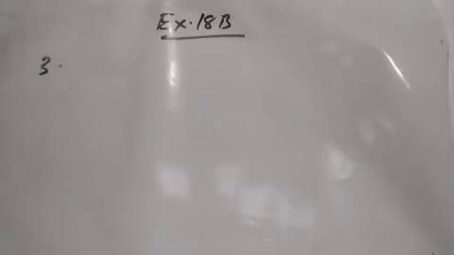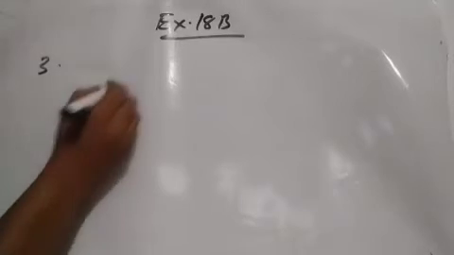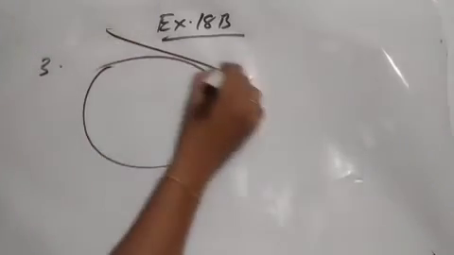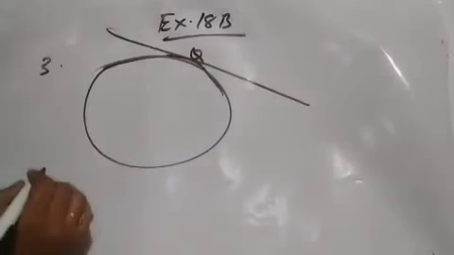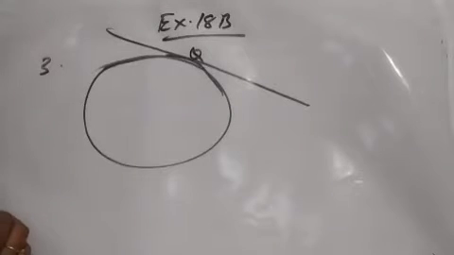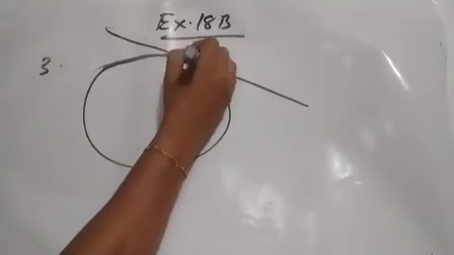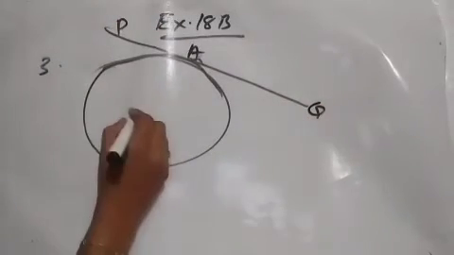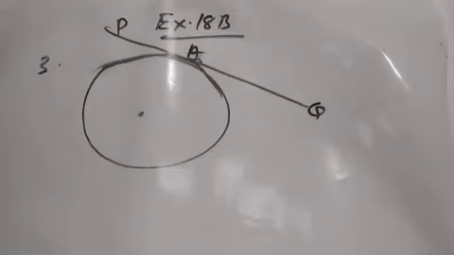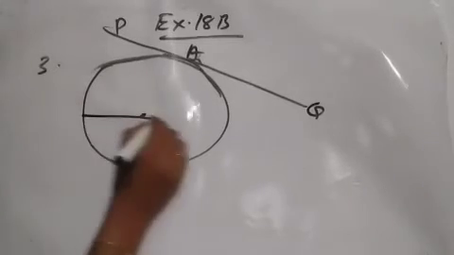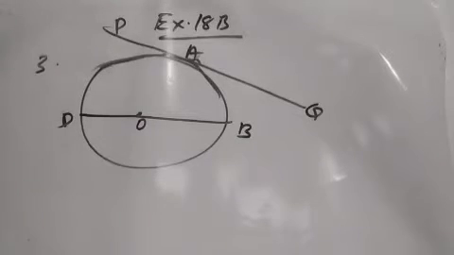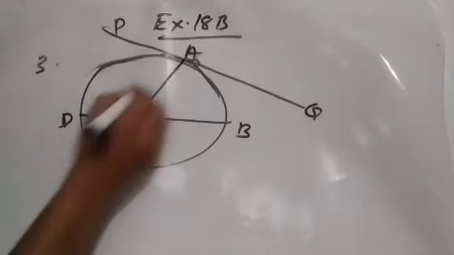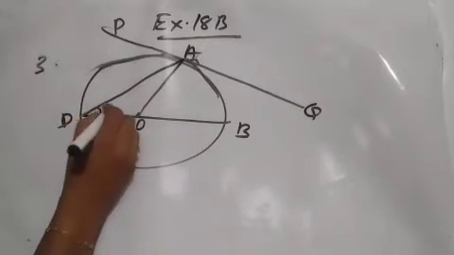Third is, in the following figure, PQ is a tangent to the circle and the point of contact is A. Also, O is the center, DB is the diameter, AO joined here, and angle ADB is given as 30 degree.